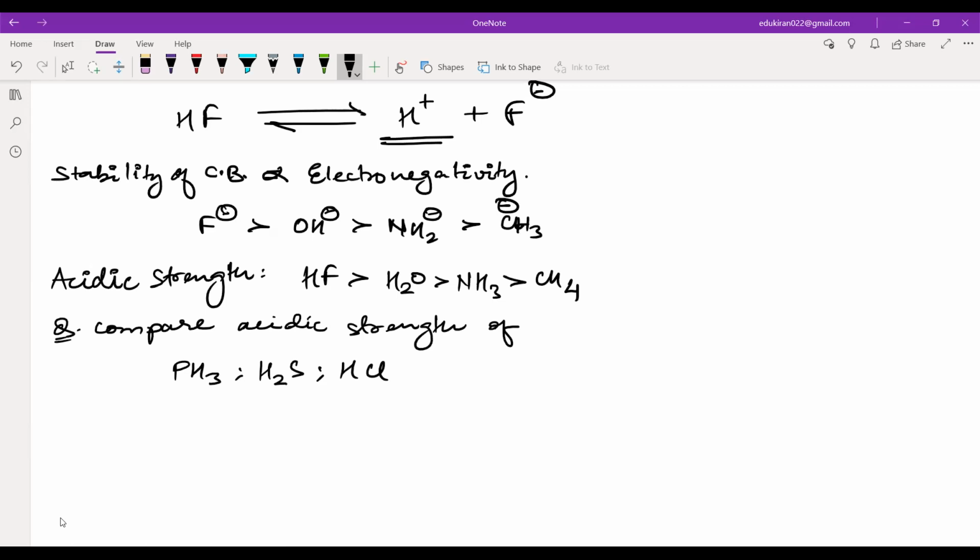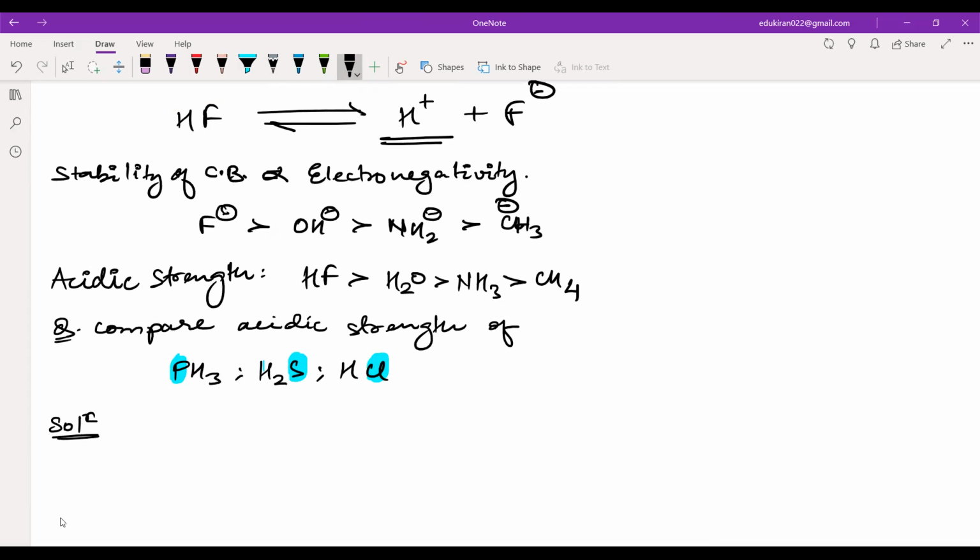So tell me, which of the following? First of all, how can we compare them? They should be at least in the same period or in the same group. So what is the case here? Same period. Don't compare hydrogen, it is the same in all. So you compare phosphorus, sulfur, and chlorine. Are they of the same period? Yes, sir. Which period?